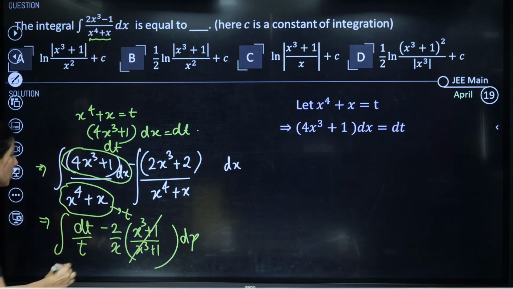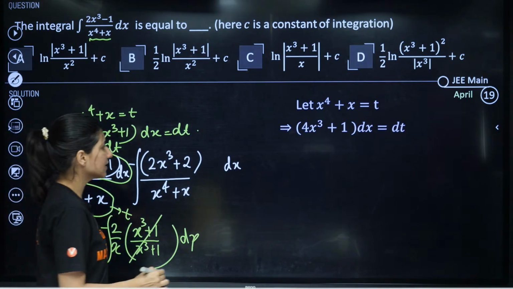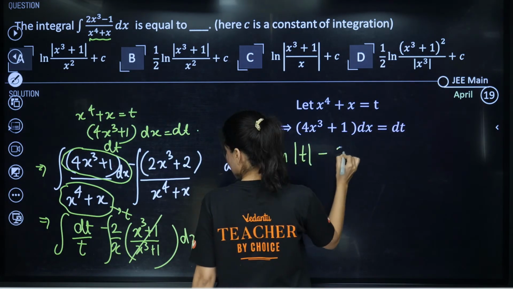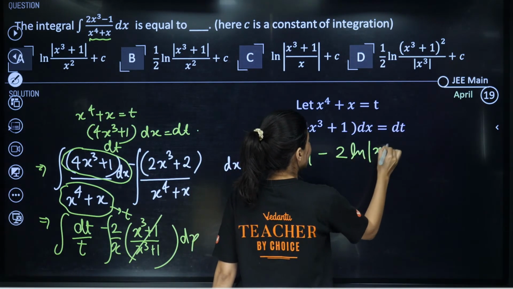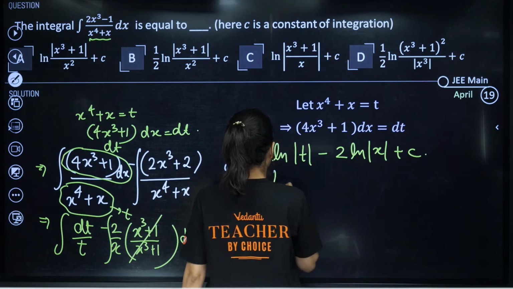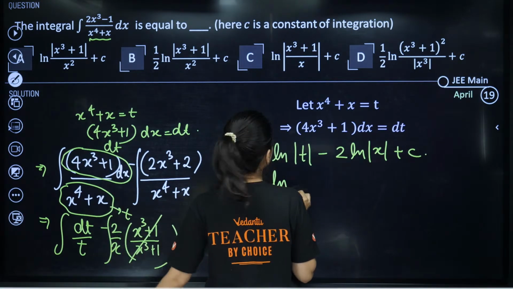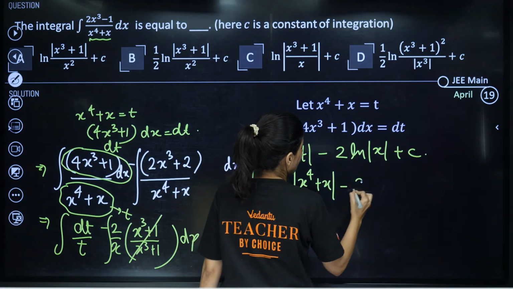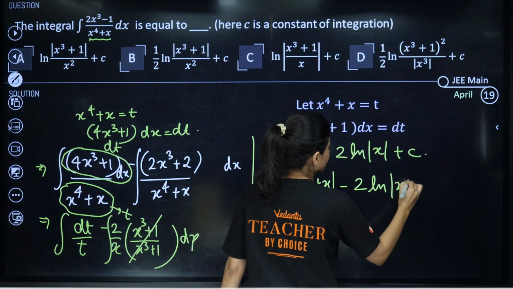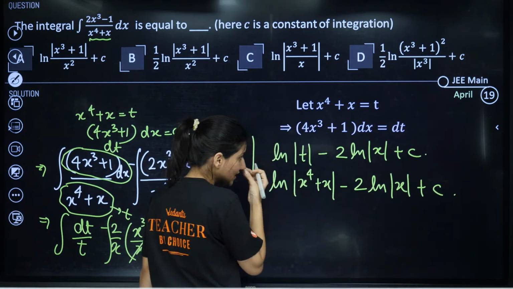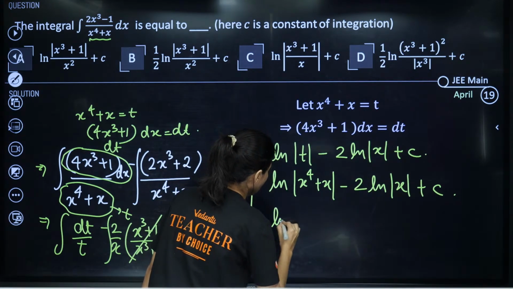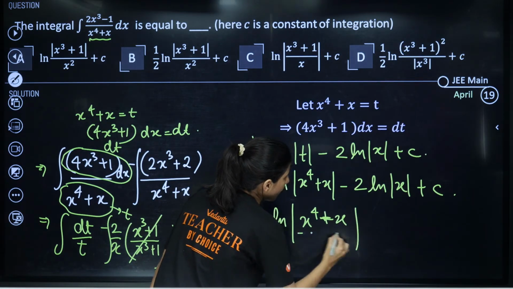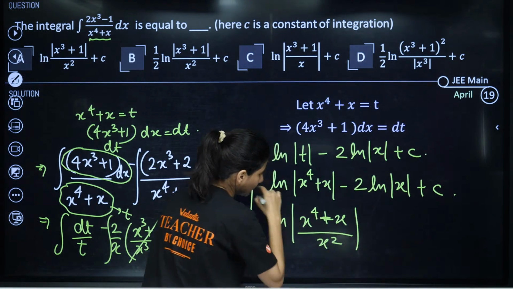So minus 2 by x dx. Now this is coming out as log of mod of t minus 2 log of mod of x plus constant. Log of mod of x raised to power 4 plus x minus 2 log of mod of x plus c. Obviously, this 2 will go up. So this is x raised to power 4 plus x upon x square.